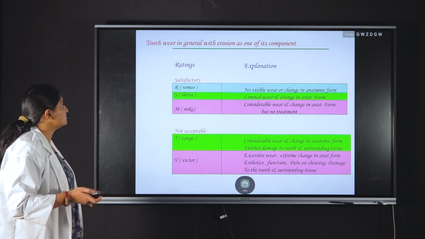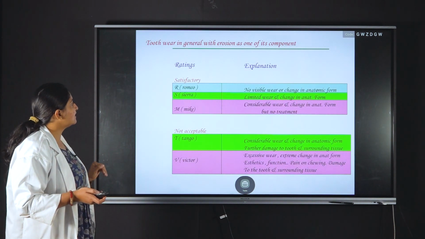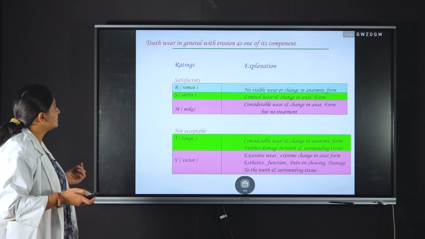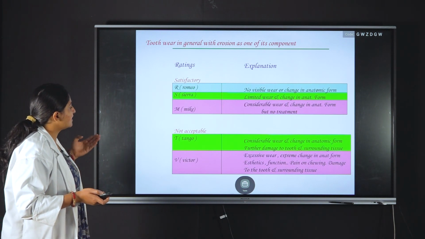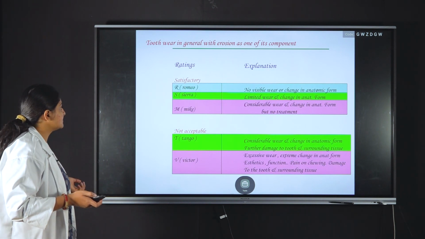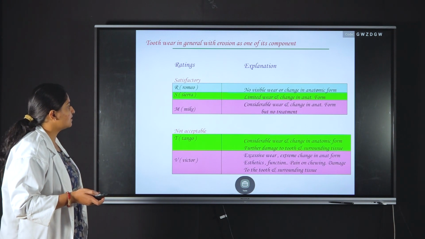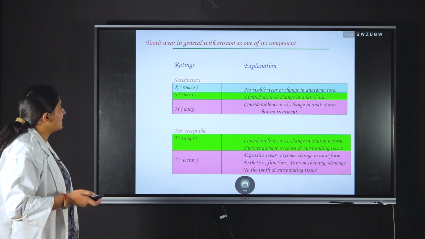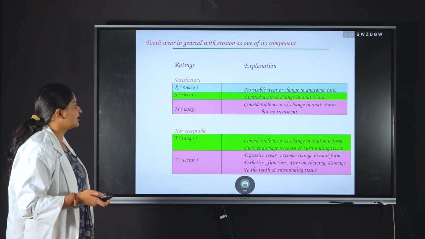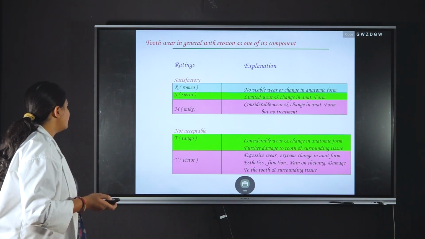So tooth wear in general, with erosion as one of its components, can be rated, and there is an explanation for this. These are coined according to names: R Romeo, S Sierra and M Mike. R shows no visible wear or change in anatomic form, S limited wear and change in anatomic form, and M considerable wear and change in anatomic form but no treatment needed.